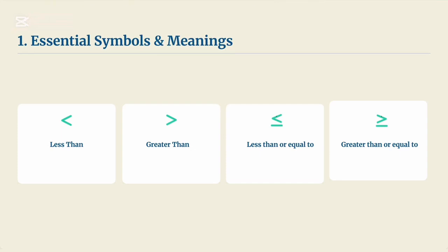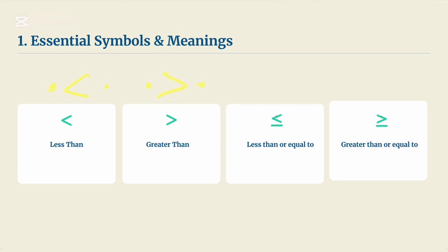When the inequality sign is facing the right hand side, it means it is less than, meaning the number on the left hand side will be less than the number on the right hand side. If the inequality sign is facing the left hand side, that means the number on the left hand side is greater than the number on the right hand side.